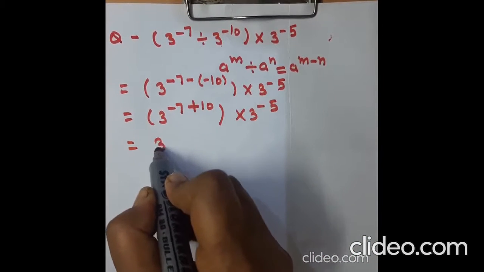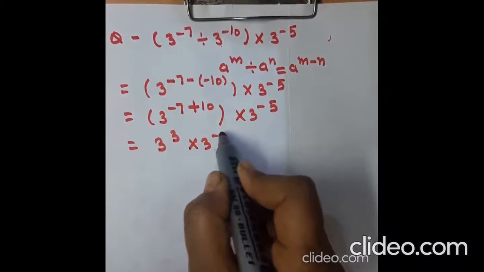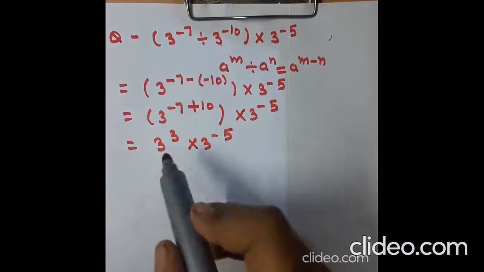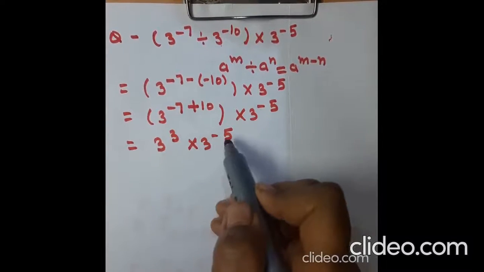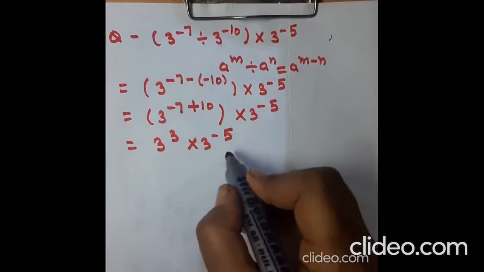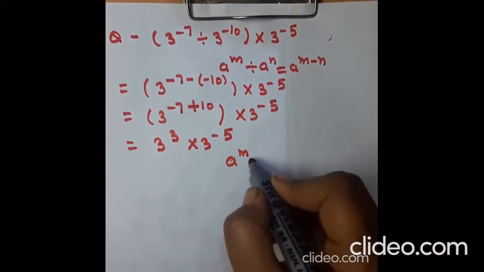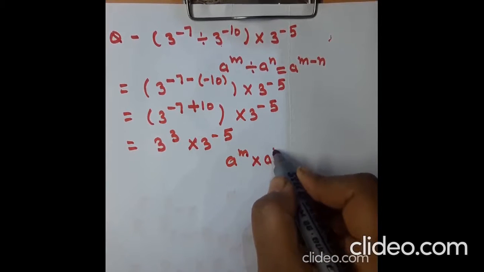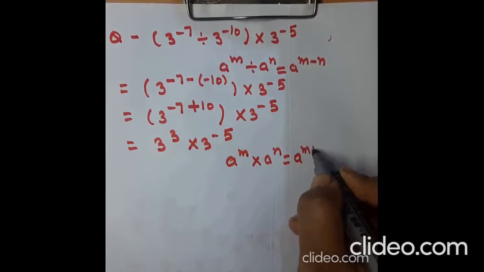It is equal to 3 raised to the power 3 multiplied by 3 raised to the power minus 5. Here we can see in multiplication, when the base is the same, we add the powers. So we use this law of exponents, a raised to the power m multiplied by a raised to the power n equals a raised to the power m plus n.